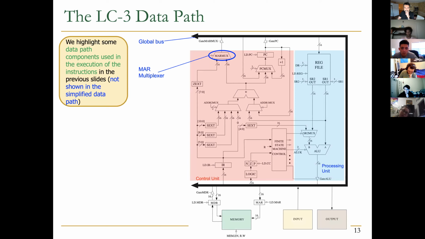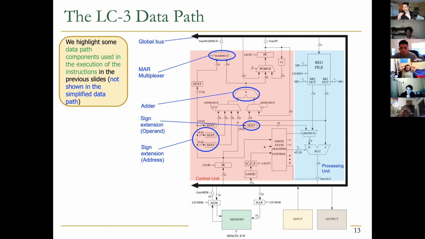This is the multiplexer that you have for the memory address register. This is the adder that you need. These are the sign extensions for addresses that you need when you feed them to the adder, and also this is the sign extension for the values that go through the ALU.